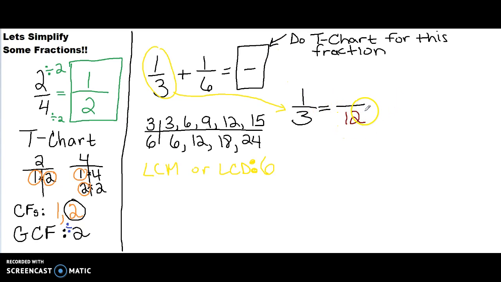Okay? And then for 6, my new denominator is going to also be a 12. Because remember, when we're adding or subtracting fractions, we need to make sure our denominator is the same.